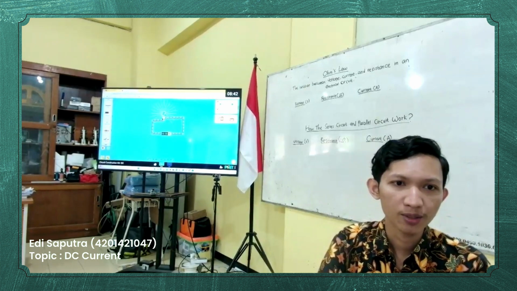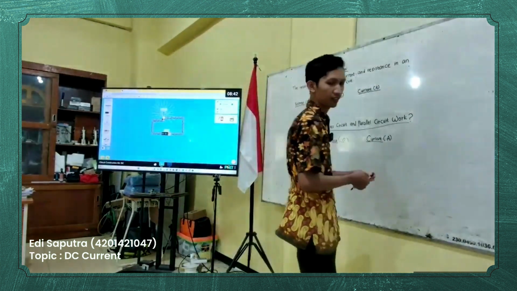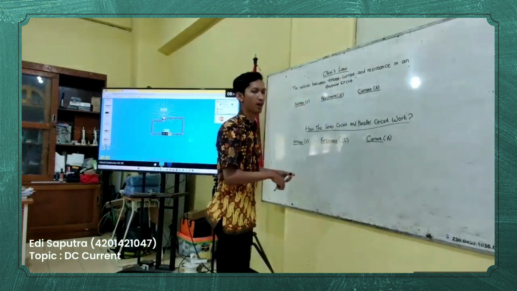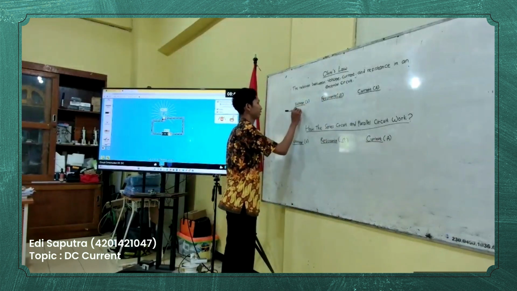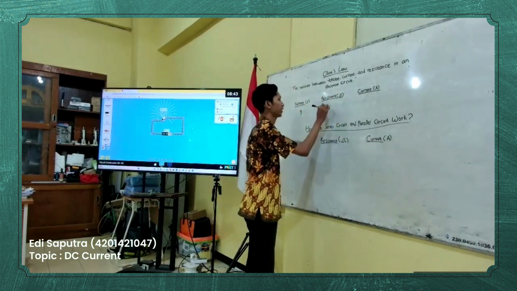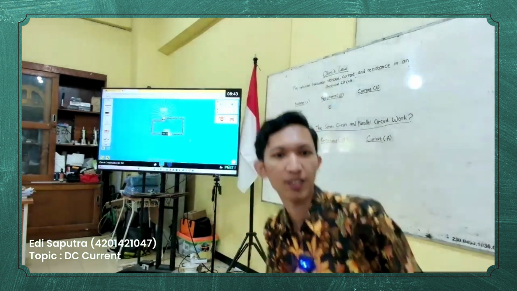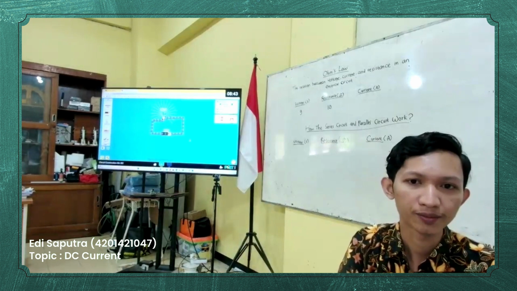We check the values. The voltage of the battery is about 9 volts, and the resistance of the light bulb is 10 ohms. So how about the current of this series circuit?